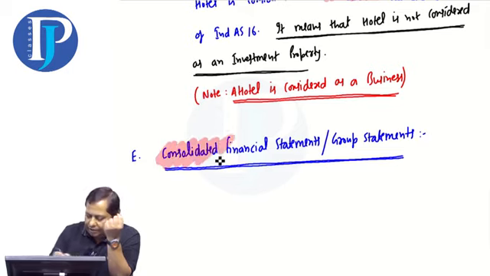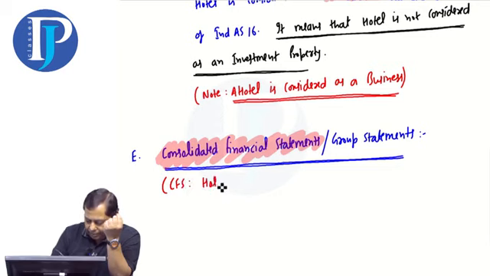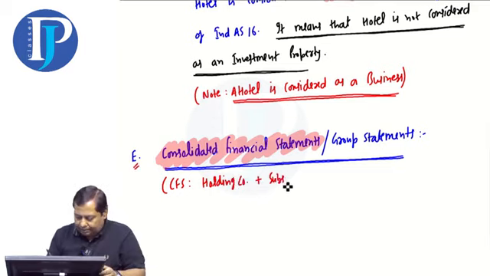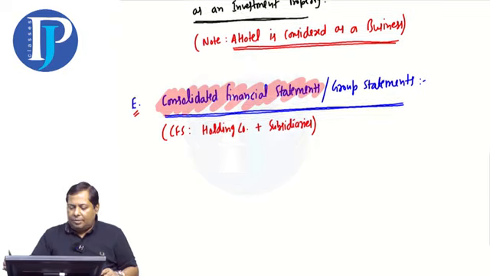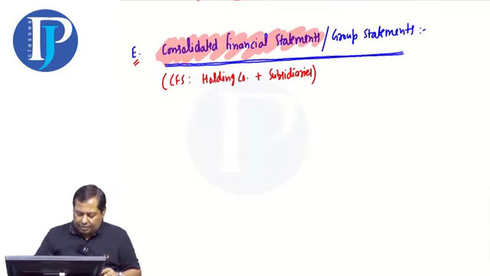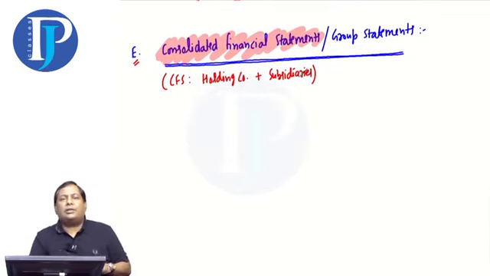What is meant by consolidated financial statements? CFS stands for holding company plus subsidiaries. Holding company plus subsidiaries. Under this Ind AS, this is considered a complex point.